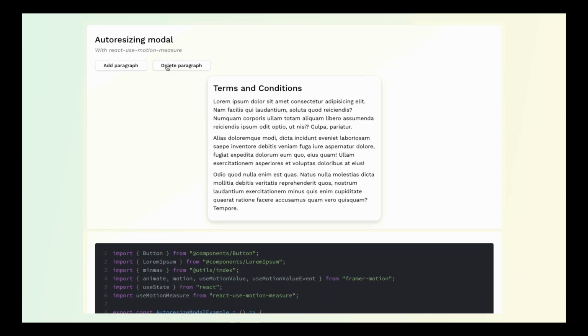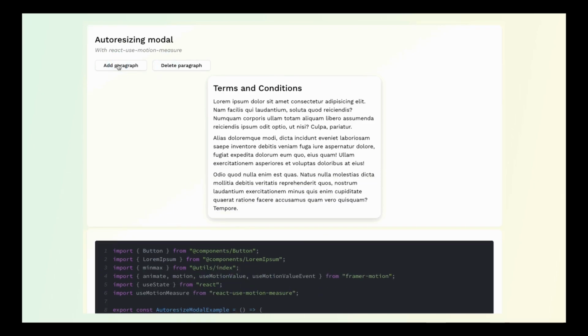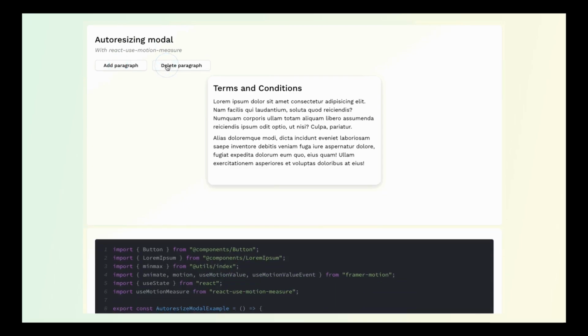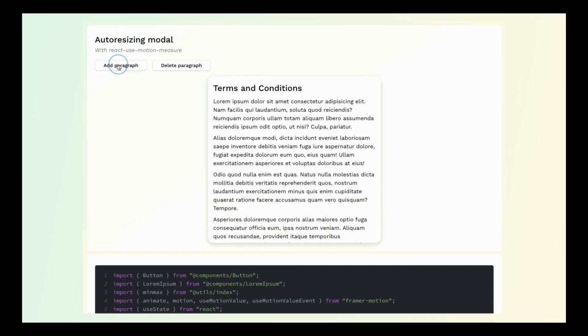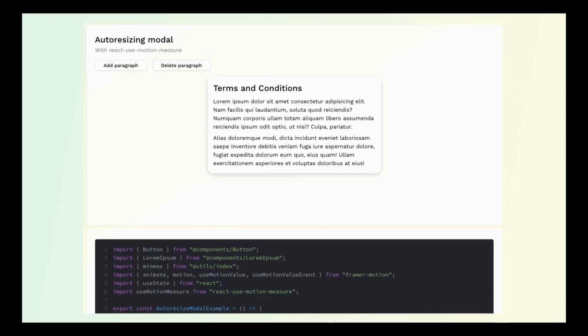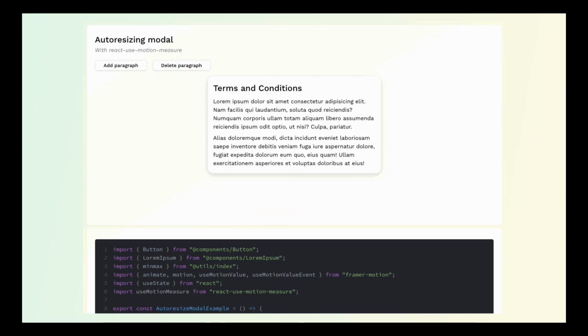You have the outer element, which is the panel or modal itself, and it has overflow hidden, because we'll be manually controlling its height, and so we don't need anything to stick out of it. And the second nested element is a wrapper for the content. And this wrapper will change its size depending on how much text or other content we have here.